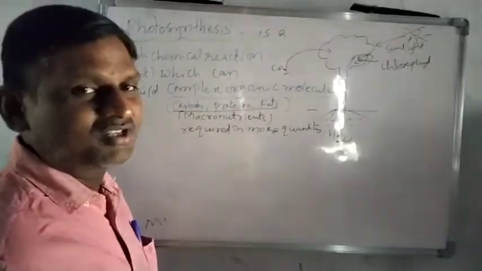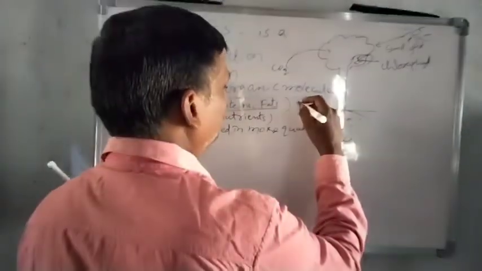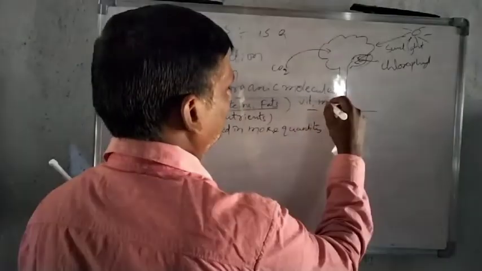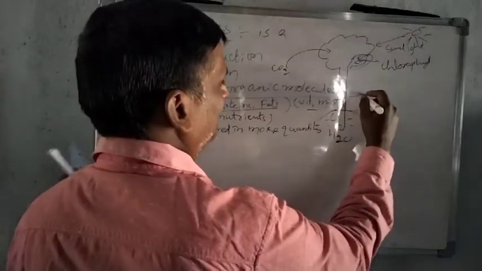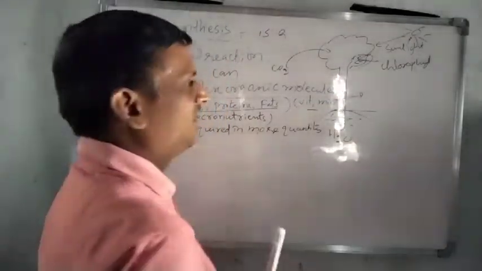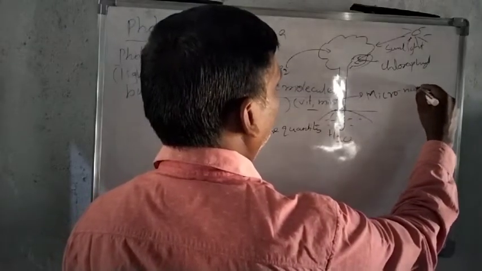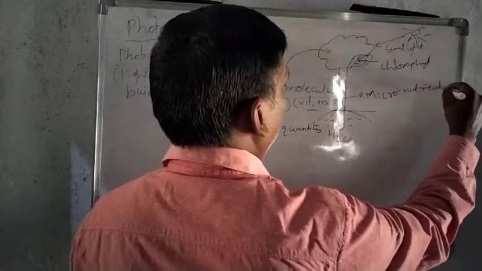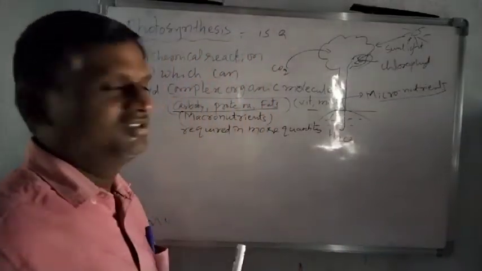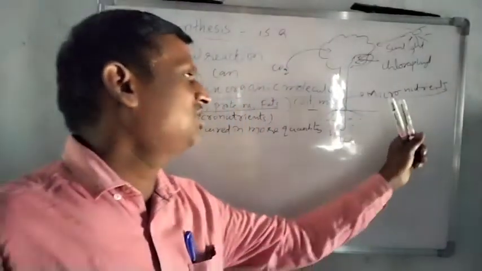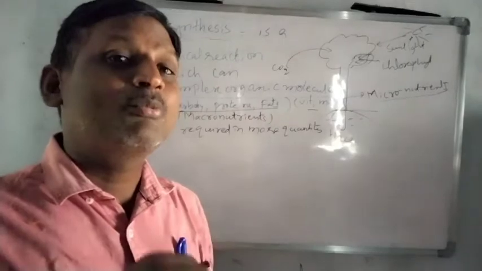Then the other one is vitamins and minerals. These vitamins and minerals we call micronutrients. Micronutrients are required in small quantities.